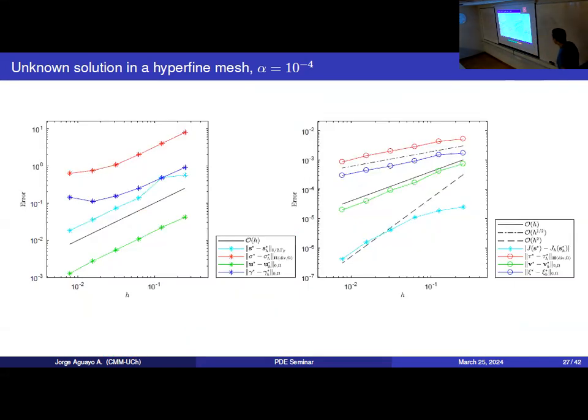So the idea is to recover good orders, but we don't have good news in this respect, particularly for the adjoint states. We can only recover 0.5 error order. That's not what we want. But not for the entire adjoint state, just for the adjoint of the stress and rotation.